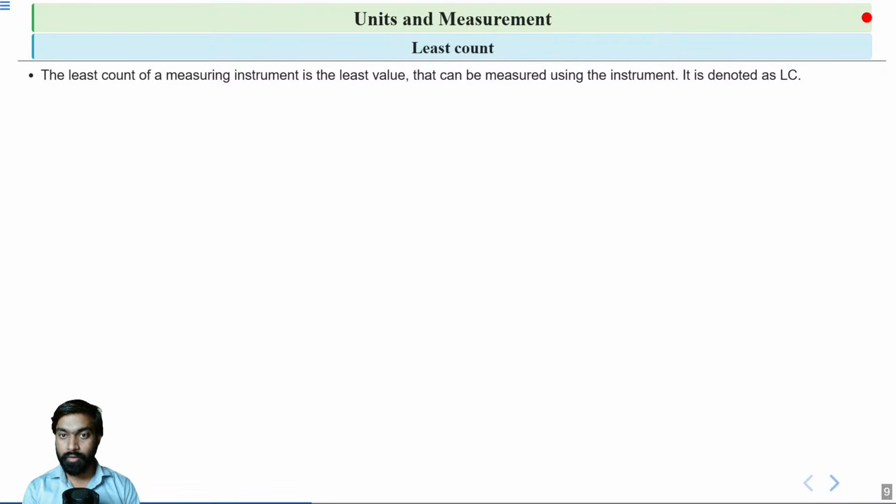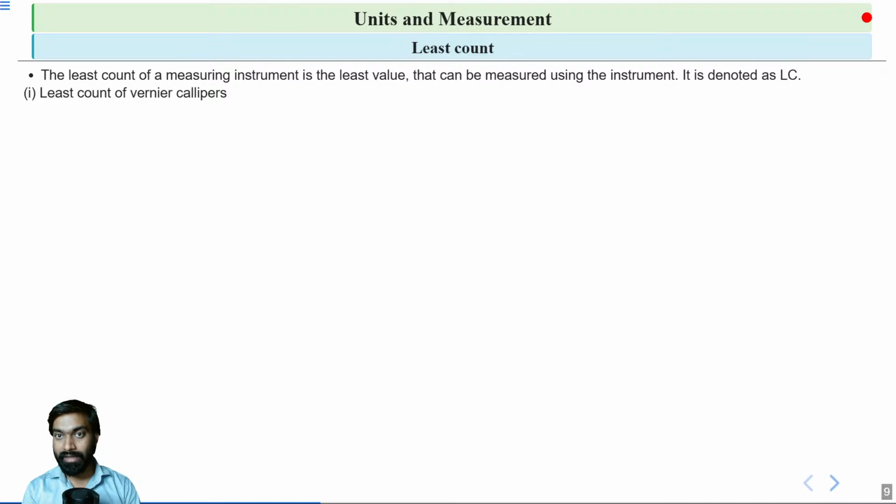If we talk about more examples, we can say vernier caliper and screw gauge. First, let's see the least count of vernier calipers. This is a more accurate tool. Its least count is usually 0.1 mm or 0.02 mm.